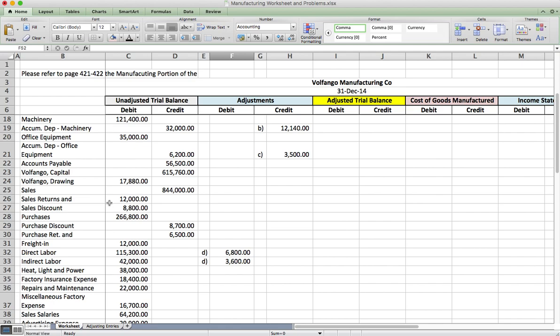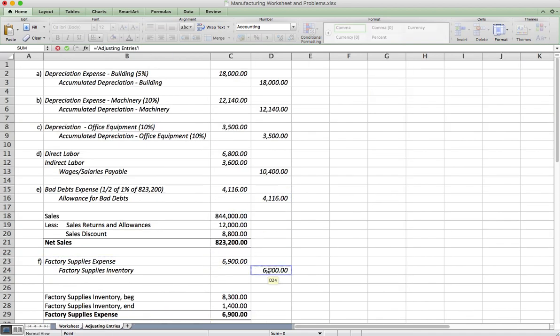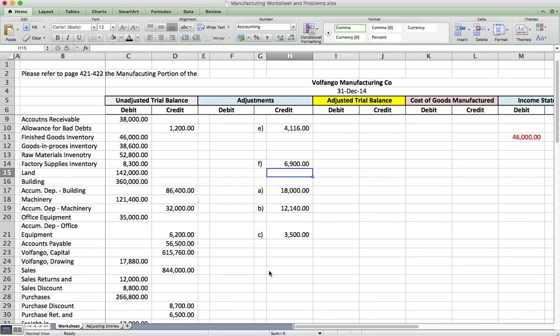Credit. $6,900. Kasi ang ending balance daw ay 1,000.